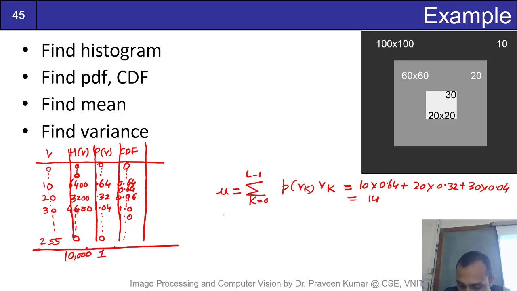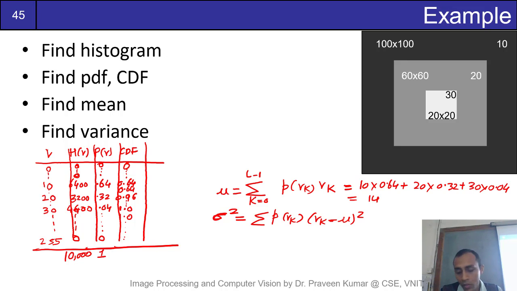And what will be sigma? So what is the formula for variance? Variance is sigma square, and sigma is your standard deviation. So how do you calculate variance? PRK times RK minus mu square.